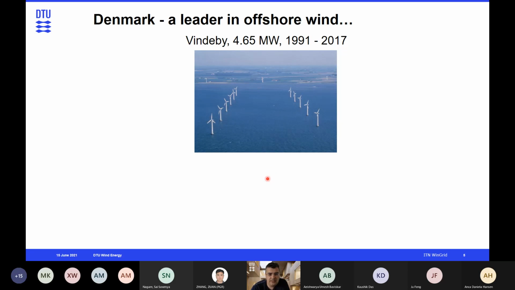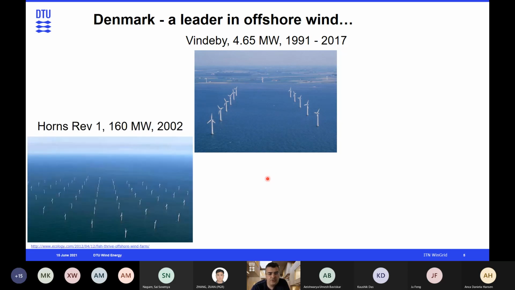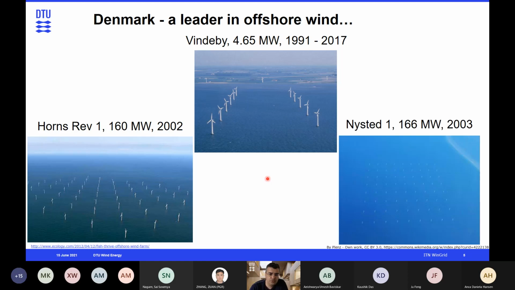But beyond the very first ever offshore wind project, Denmark is also home to the first 2 very large, hundreds of megawatt scale offshore wind farms, Horns Rev 1 in 2002 and Nysted 1 in 2003.